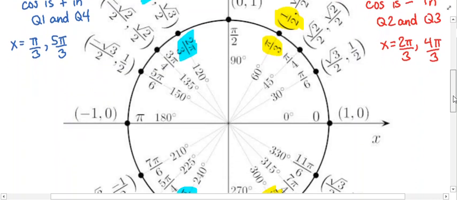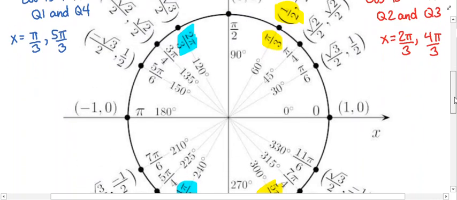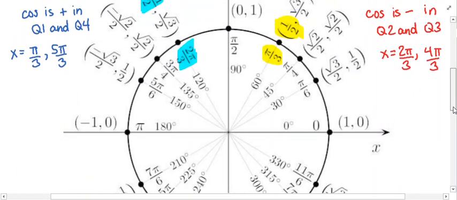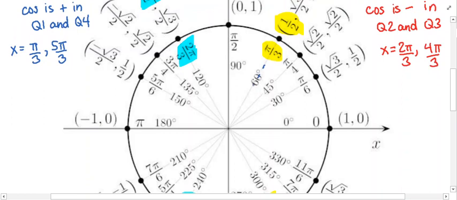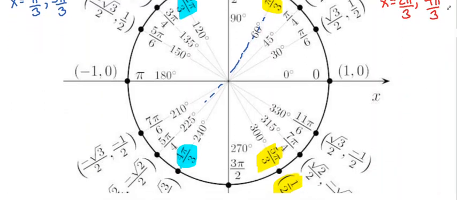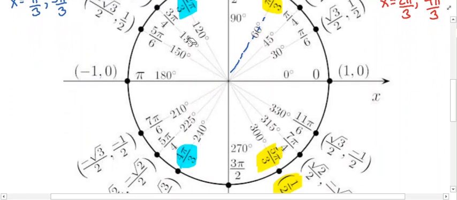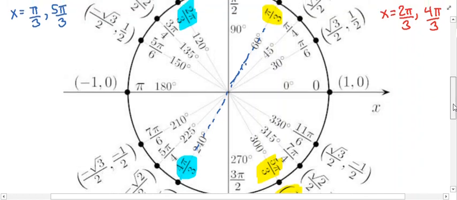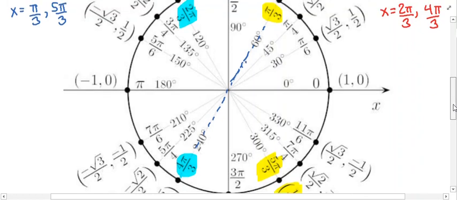If you notice the relationship here, if we look on the diagonals, okay, so like if we look at this angle versus, let me just draw that a little better. Okay, so if we did this, these two are opposite. Pi over 3 and 4 pi over 3 are opposite each other on the unit circle.